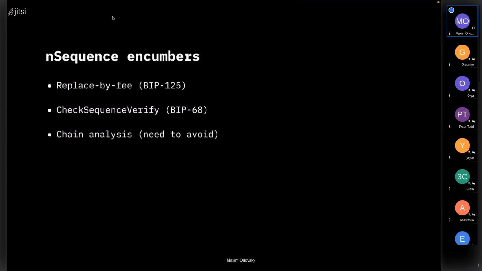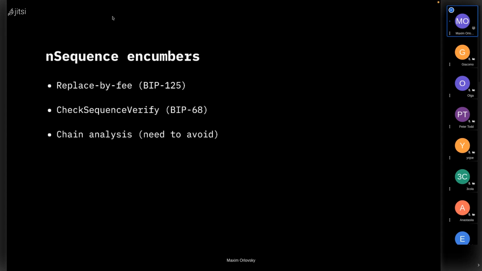So to use nSequence, we have to see which protocols as of today already use nSequence data for consensus level stuff. Namely, there are two of them. Replace-by-fee, which is BIP 125. And I'm really glad that Peter Todd is here, who is one of the co-authors of this proposal.